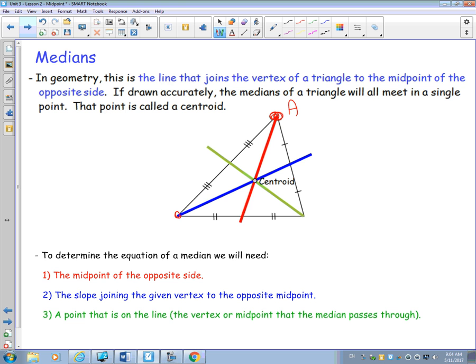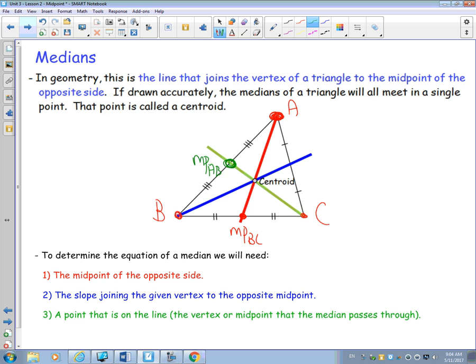So if this is my triangle, I'm going to call it A, B, and C. Well, then a median, the red one, would go from A to the midpoint of BC. That's what that line is there. The green one would go to the midpoint of AB. And obviously the blue one would go to the midpoint of AC.